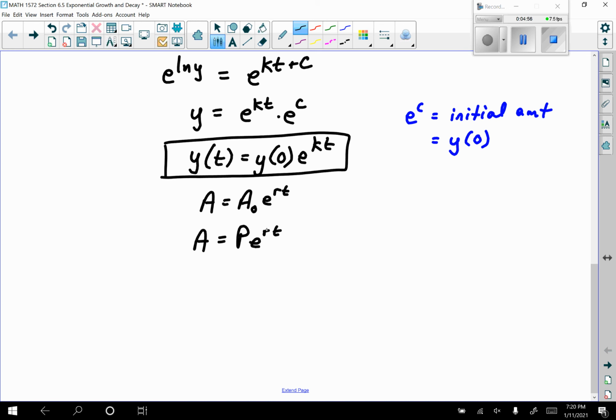So these are all different versions of the same thing. What it's really showing us is that this is our final amount, no matter what notation we're using, and this right here is our initial amount. Again, e shows up just naturally, and then it's raised to some rate times time. So we're going to use several different versions of this.